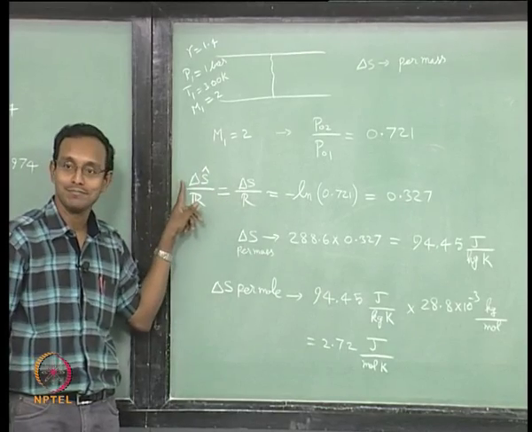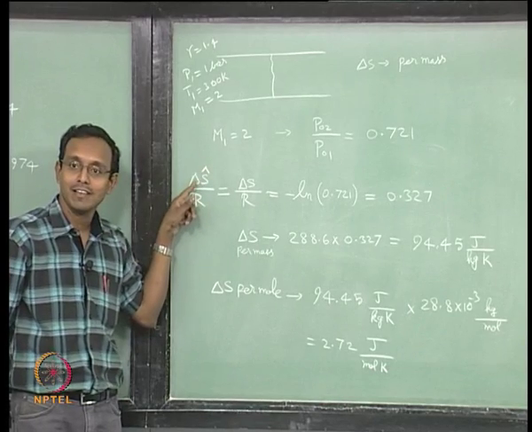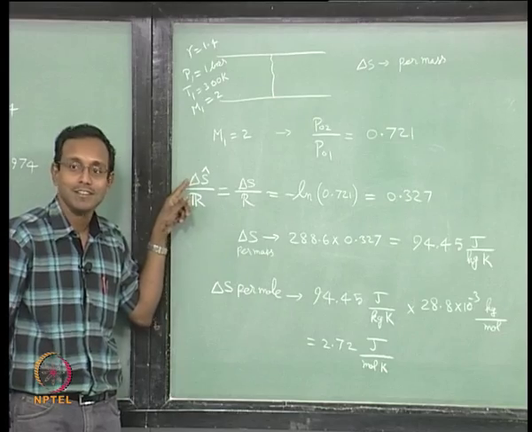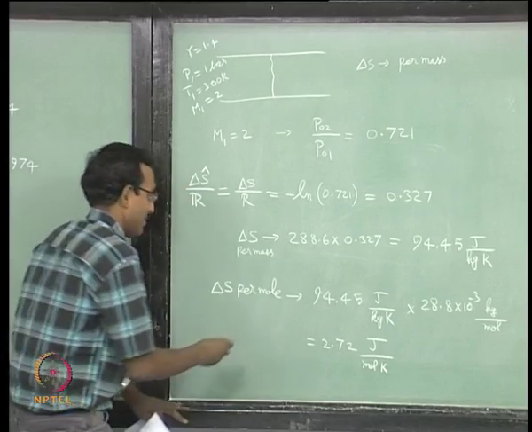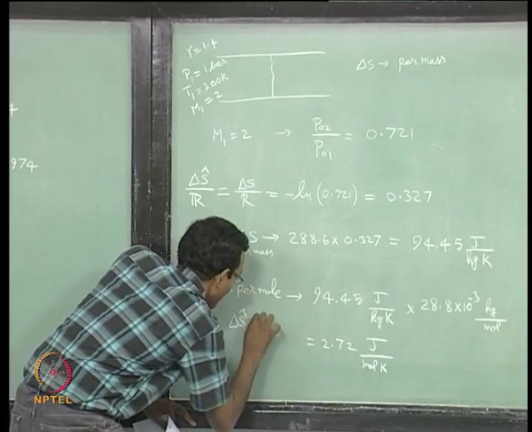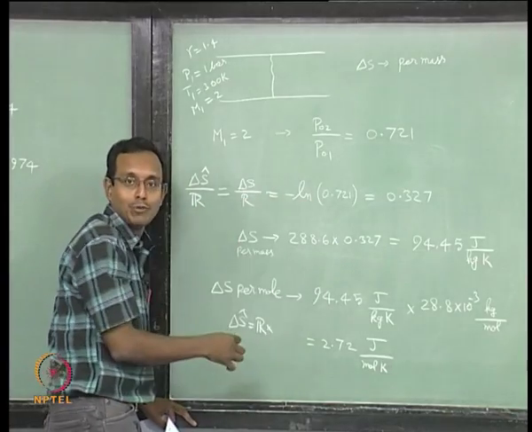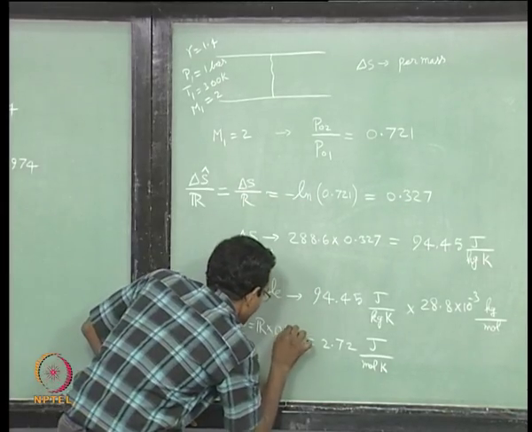That is also true, where S cap is entropy per mole basis. That is what I wanted to find. So delta S cap is equal to universal gas constant times minus log of P02 by P01, which is 0.327.